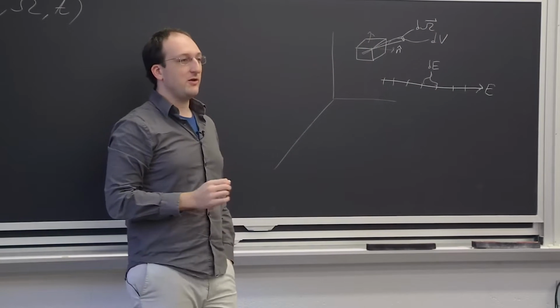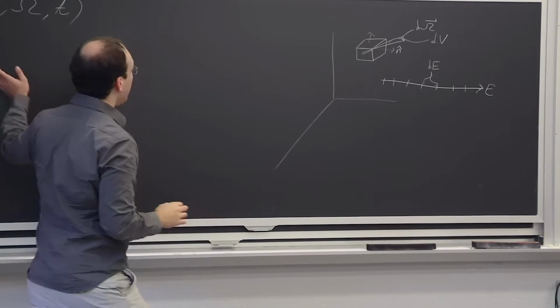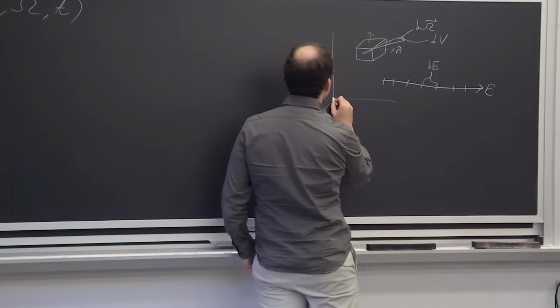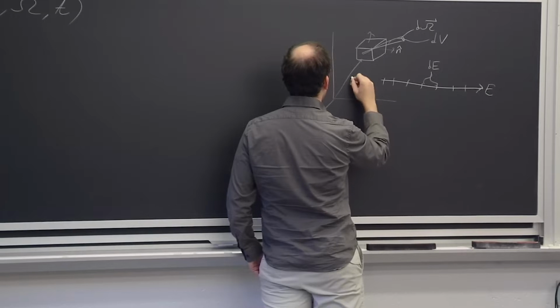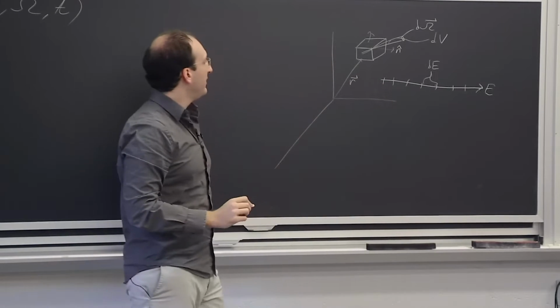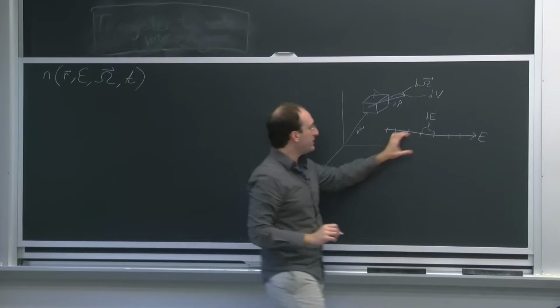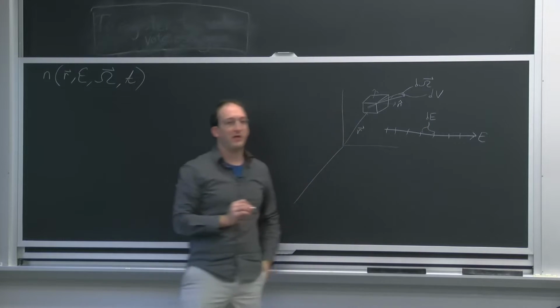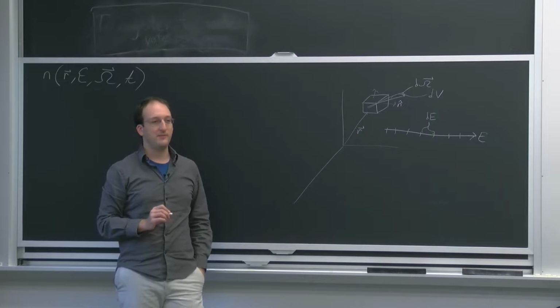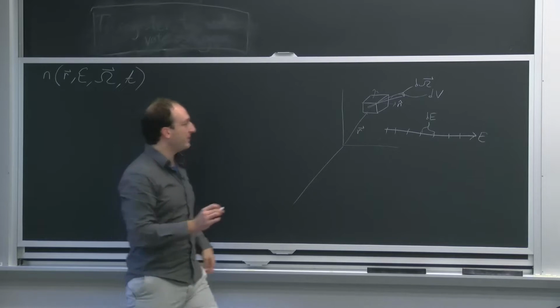So that's the goal of this whole equation: to track the number of neutrons at any given position, so let's call this distance, or the vector r, in this little volume, traveling in some direction omega with some infinitesimally small energy group dE. That's going to be the goal of the whole thing.